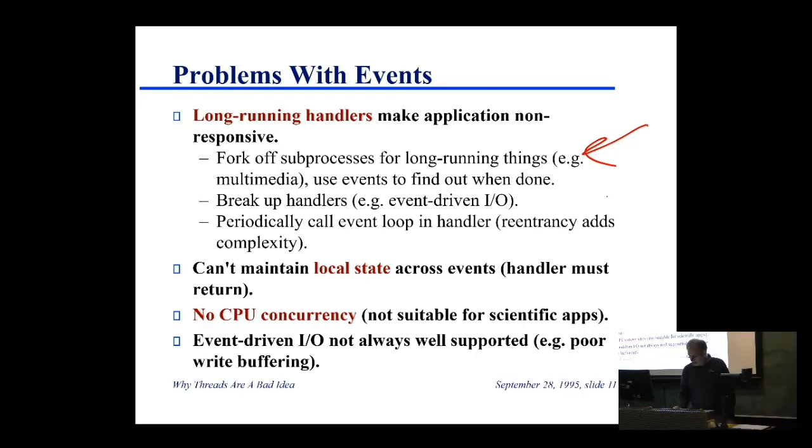Or break up the handlers into multiple parts where we rely on asynchronous I/O, where the first handler schedules or makes the request, and then we get an event for the second part of the handler saying whatever the first part asked for is now ready, you can continue finishing the event.